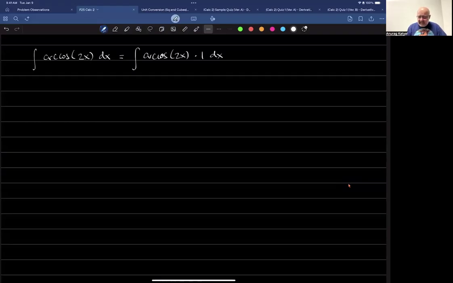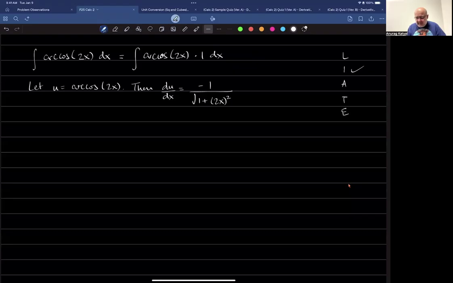And again, we can say LIATE here off to the side. We have an inverse trig function, so that's going to be u. Didn't really have any other function, so that had to be u, even if we forgot about LIATE. So we say let u equal arc cosine of 2x, then du dx is equal to -1 over square root of 1 plus 2x, the quantity squared, times the derivative of the argument, which is 2.